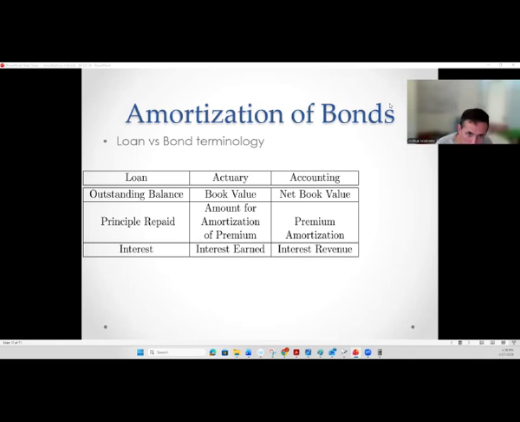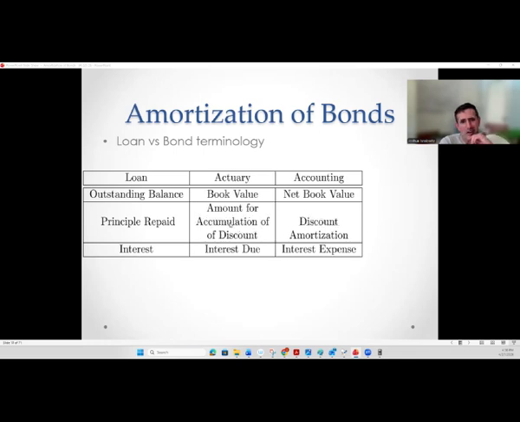So one thing I want to make clear: on exam FM, there's actually weirder notation and terminology for amortization of bonds. If the bond is bought at a premium, then the principal repaid is called the amount for amortization of premium.